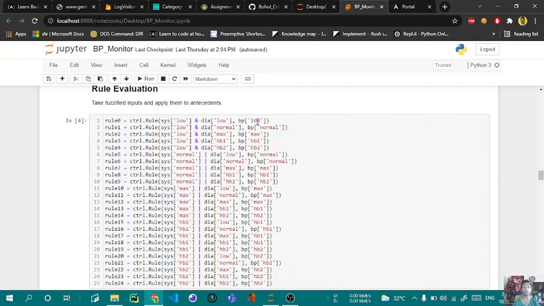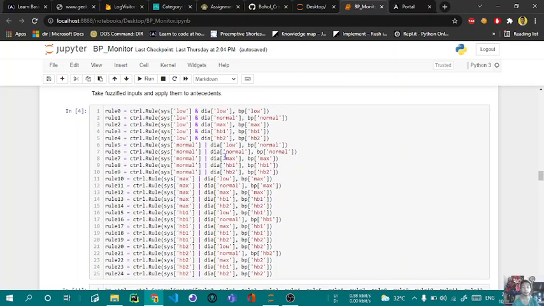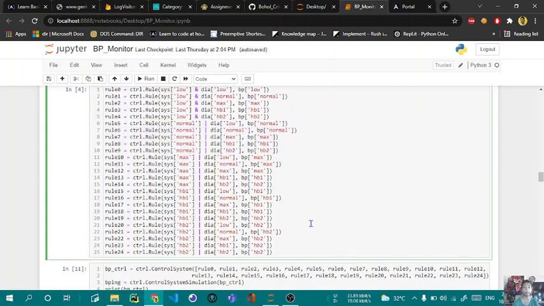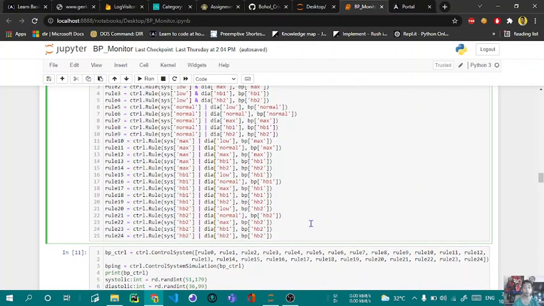Just like what I said earlier, if you have different categories, the higher category would be the reading, just like low and normal. So normal would be the category of it. Normal systolic and low diastolic, so normal would be the reading of it. And so on until high blood 2.